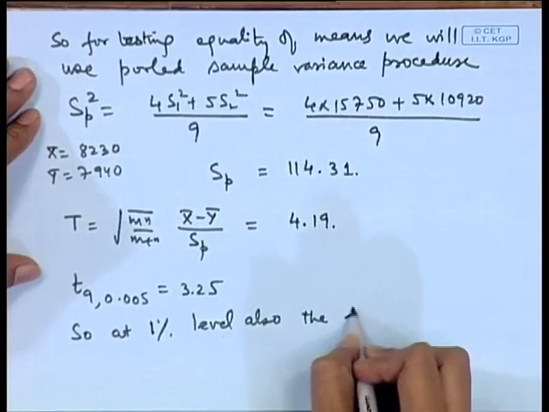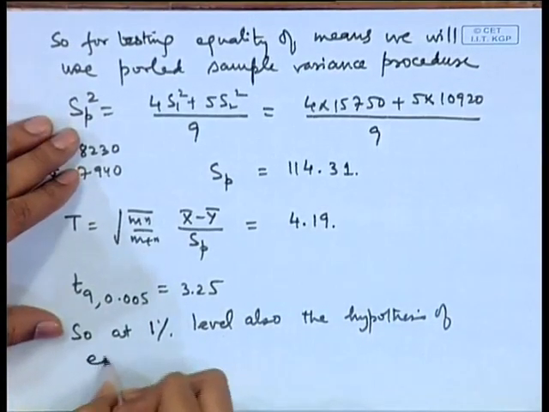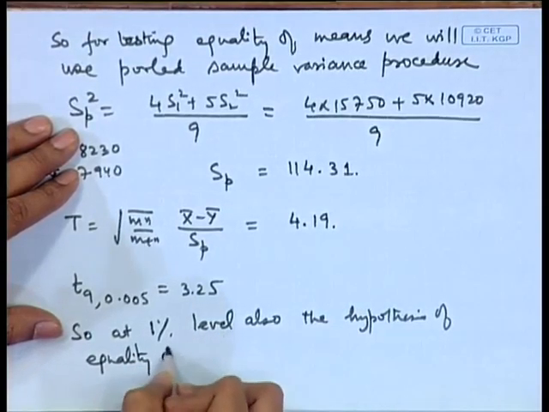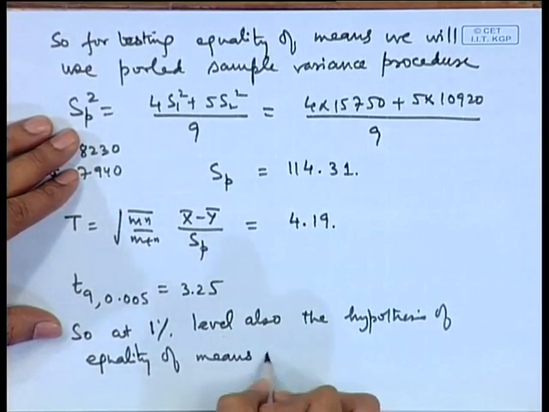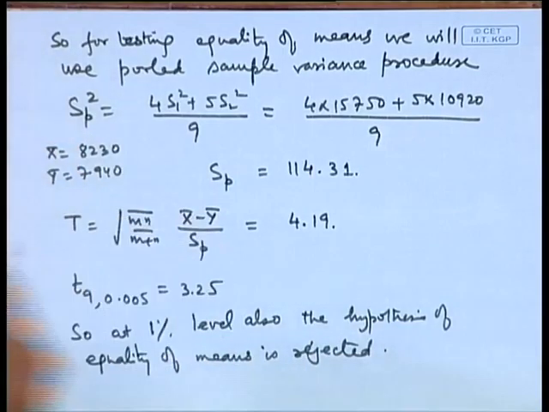the hypothesis of equality of means is rejected. So, we conclude that in the two mines the measurements of the heat producing capacity are significantly different, because it may be due to difference in the type of the coal that is available, it may be due to the type of the mine that you are having.